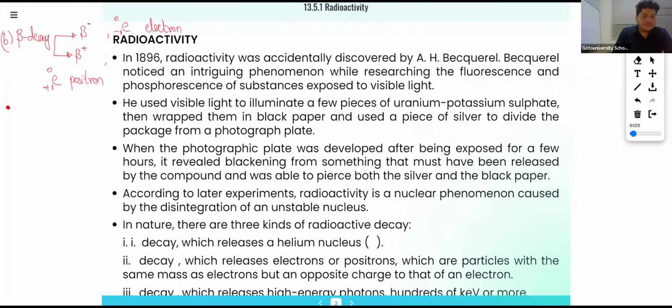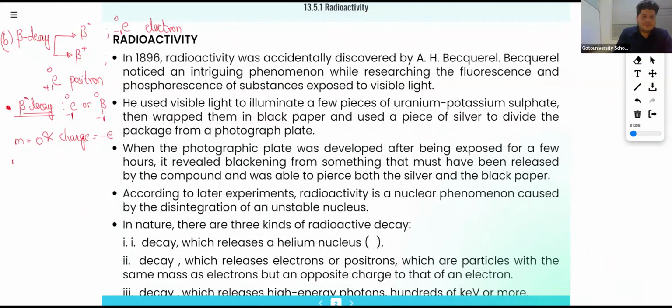In beta decay, the mass will be 0 and the charge will be minus e.